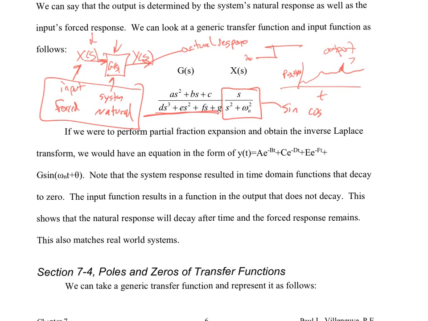All right? So here's our transfer function result, right? You can see that all of these are going to decay. E to the minus b, e to the minus d, e to the minus f. All those terms, as time increases, all those will go to zero. Do you see any exponential decay associated with that? Absolutely not.